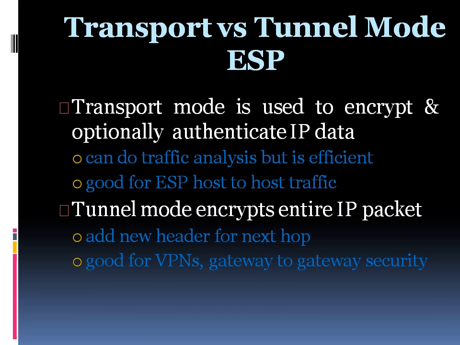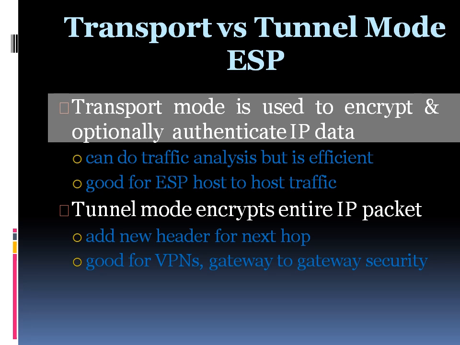Next we have transport versus tunnel mode in ESP, or Encapsulating Security Payload. Before getting into the details of these two modes, let's have a quick overview of them in the first place. The transport mode is used to encrypt and optionally authenticate IP data.